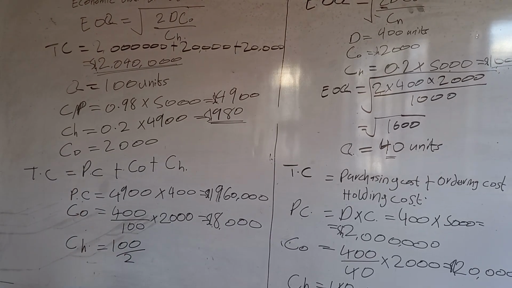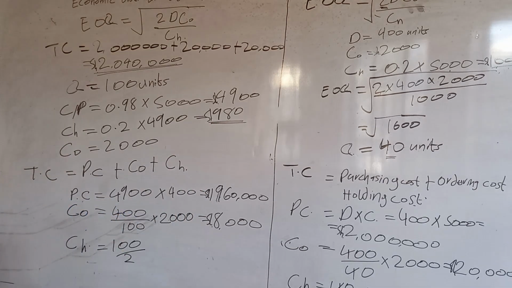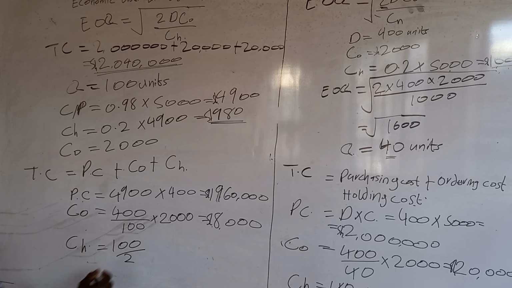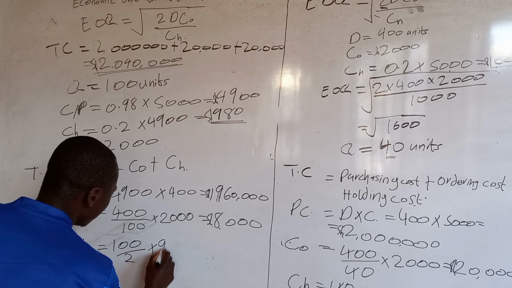Then we multiply it by the holding cost per unit. Holding cost per unit is this, we have already calculated it. So it is 50 times 980.